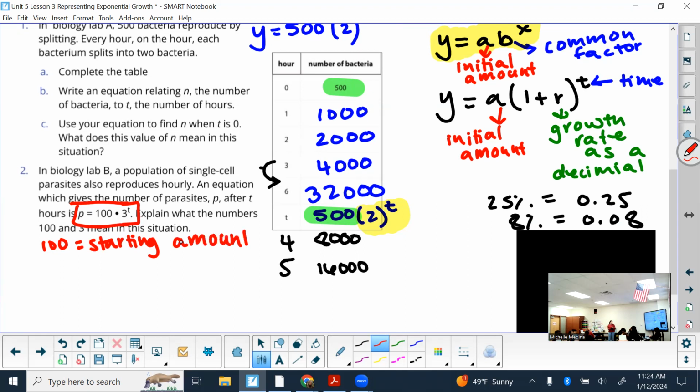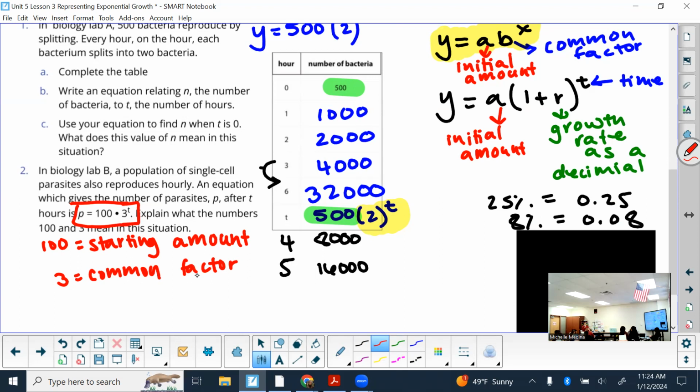That's my starting amount of single cell parasites. And then what is the 3 representing? Not the hours, yes, that it's tripling each time. This is my common factor. This is what I would be timesing by to get to the next number.